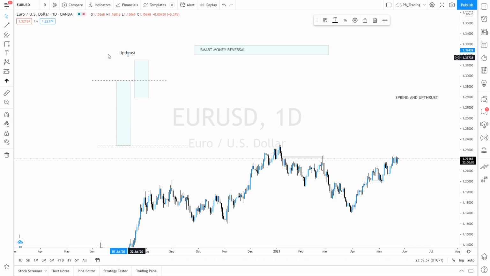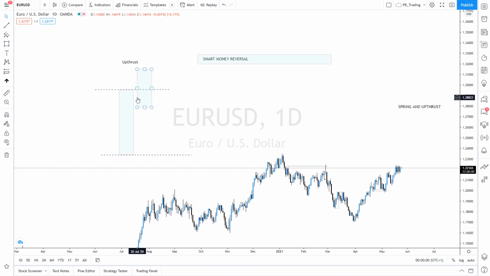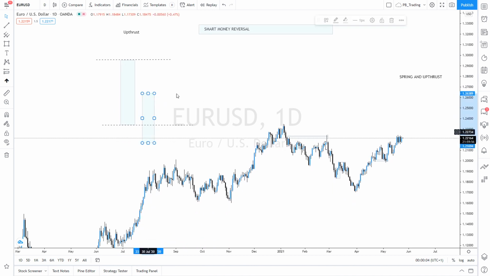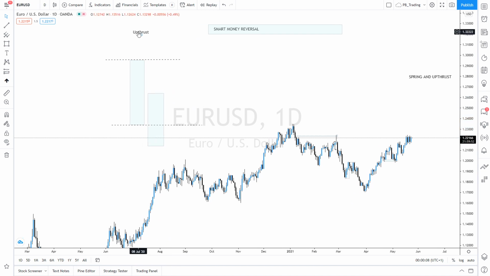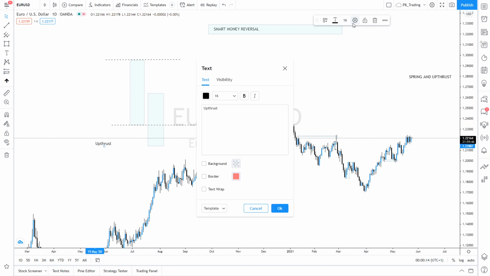The same way, if we have our daily range and the next day's candle dumps through the low of our daily range, then we have what is termed as spring. So it's as simple as that. That's the basic explanation of what spring and upthrust is.